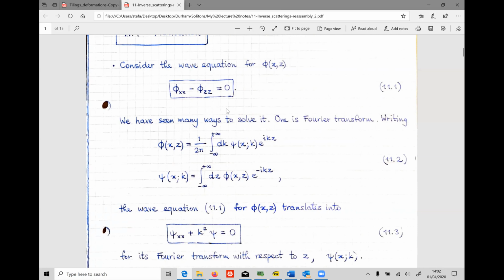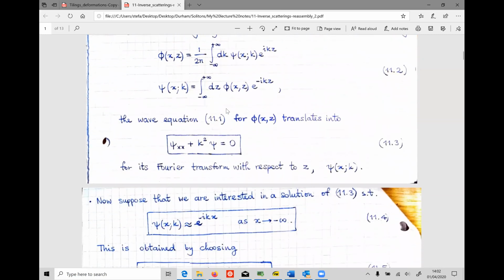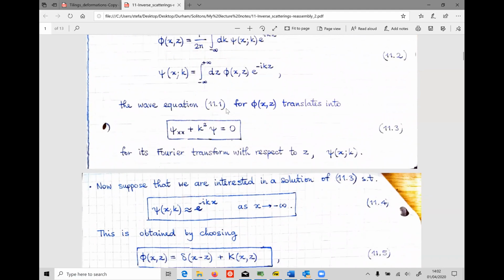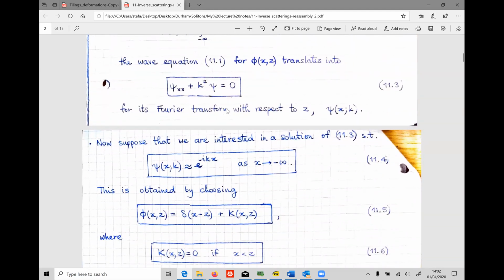Okay, so now suppose that we want to solve the original wave equation for phi. Well, we can do it by solving equation 11.3, which is also something that we have done. But what I will focus on today is solutions of equation 11.3, which obey the asymptotics in 11.4.